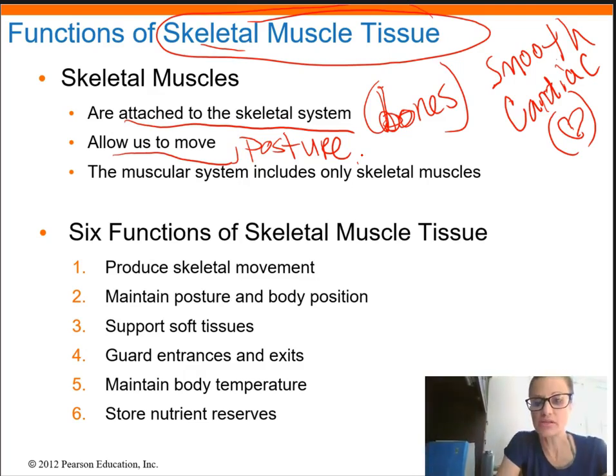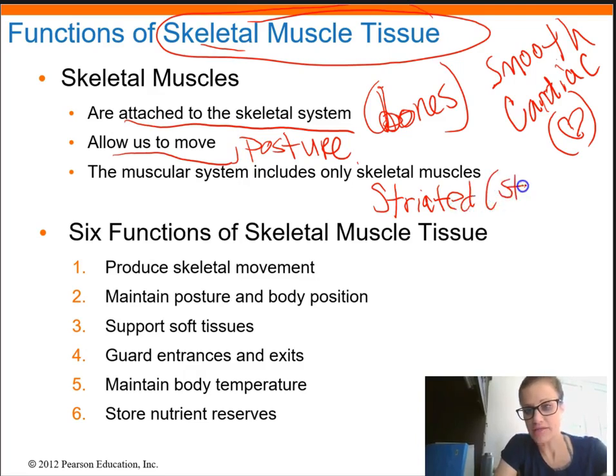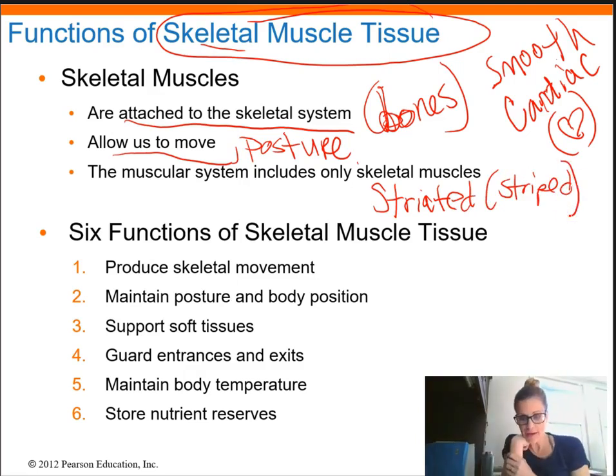One, skeletal muscle is what we call striated. Striated means striped. When we look at the skeletal muscle cell under the microscope, it is striped. It's perfectly striped. You'll see really dark, light, dark, light, dark, light, all the way down the muscle fiber.